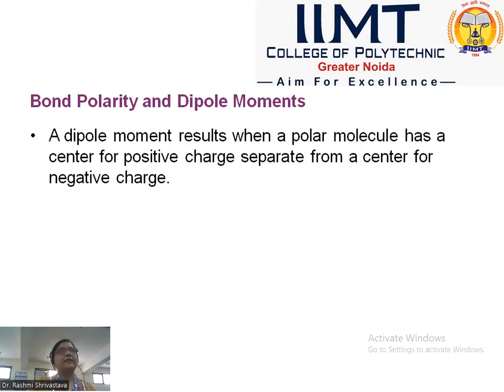Bond polarity and dipole moments. A dipole moment results when a polar molecule has a center of positive charge separate from a center of negative charge. Dipole moment is a concept of polar compounds. When a compound is polar, it has a dipole moment.